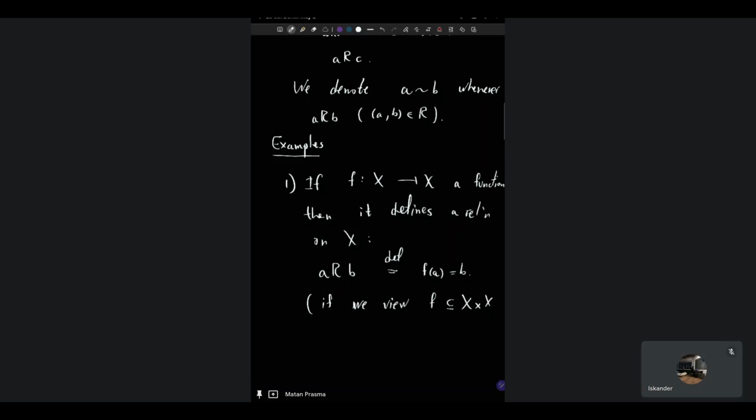A relation is simply any subset of pairs of X with itself. However, it is not necessarily an equivalence relation.